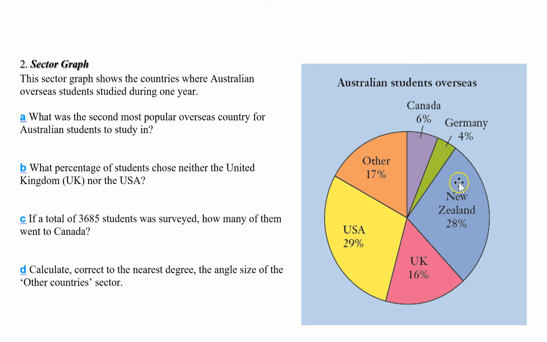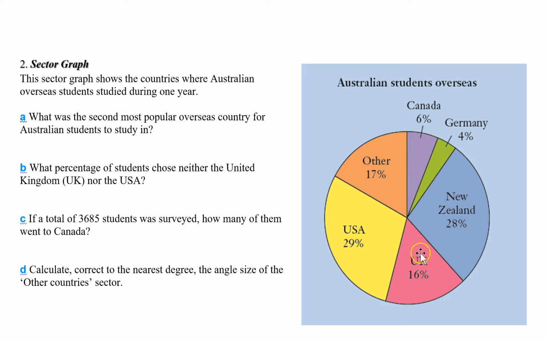Now, as we can see, interpreting the title, Australian students overseas, we clearly would expect the names of other countries, these overseas countries. So we've got 6% of our students currently studying in Canada, 4 in Germany, 28 in New Zealand, etc.